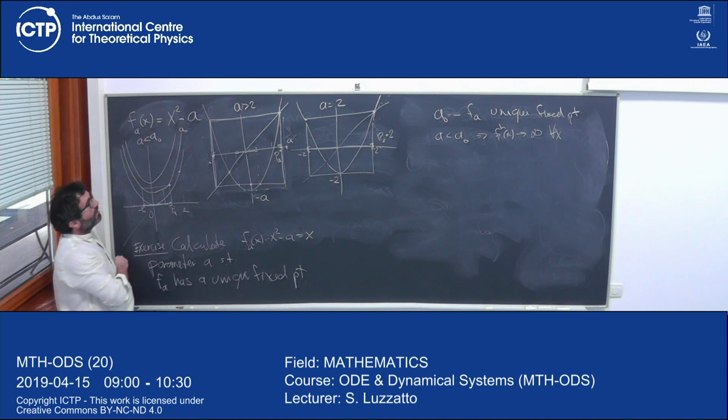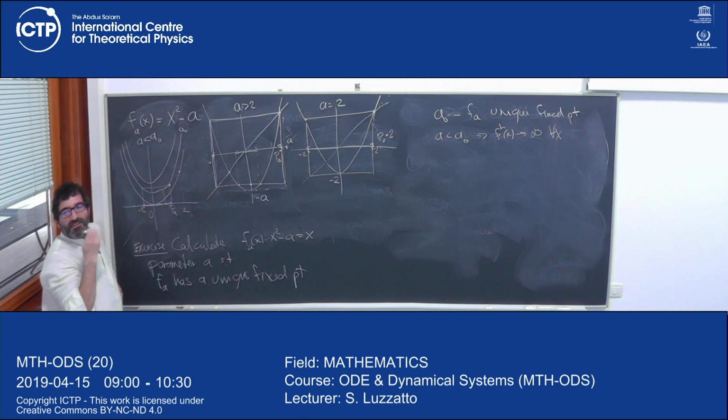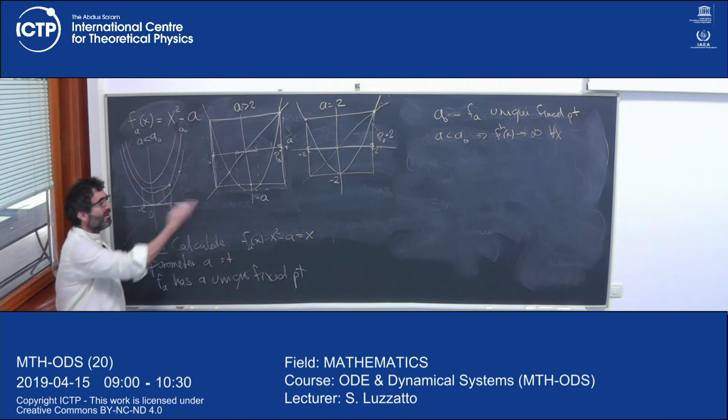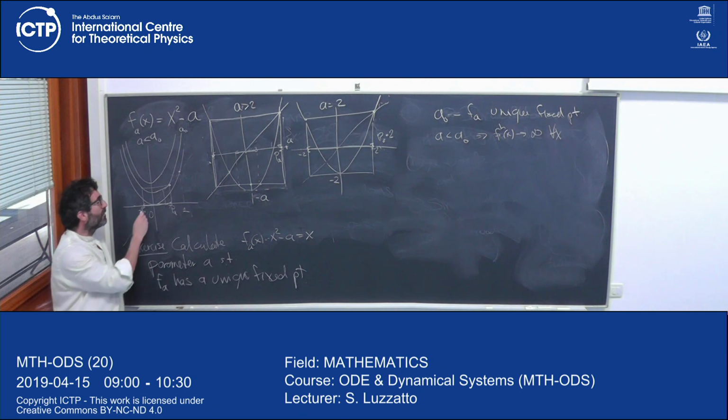How can you explain that there's some kind of discontinuity in the map, because these points here, for this parameter, converge to the fixed point. If you take a parameter even infinitesimally smaller than a0, then they go to minus infinity. Suppose you don't know exactly what parameter you've got.